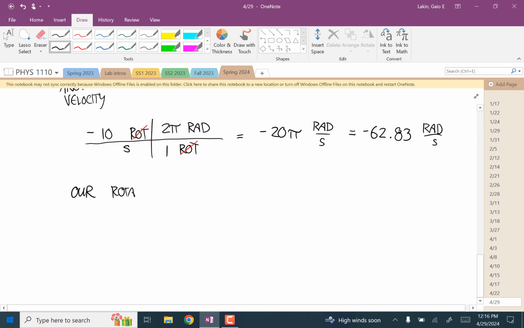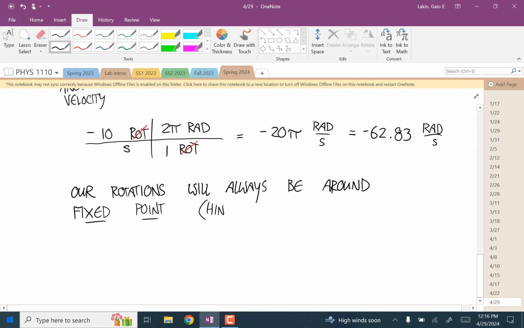So our rotations will always be around a fixed point. And you can think of that as like a hinge or a pin or something like that.